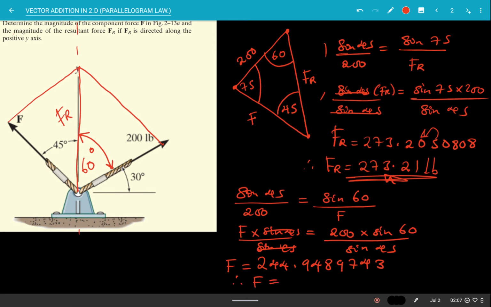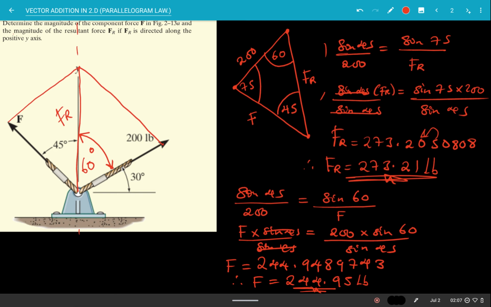I'm just rounding off to decimal places, mind you. If they say round off to whole numbers, just give them whole numbers. So this will be 244.95 pounds. This is the magnitude of the component.